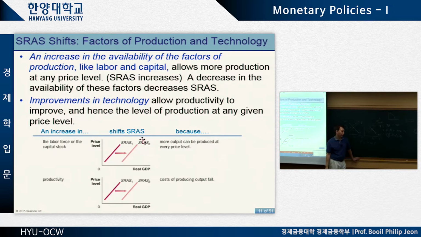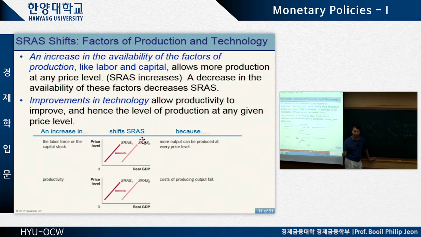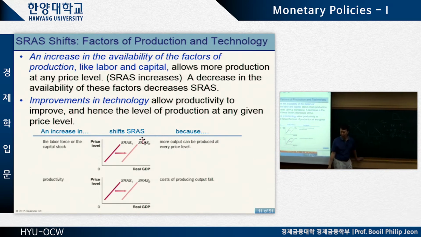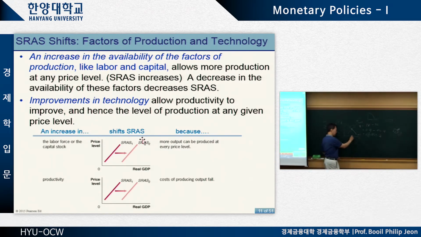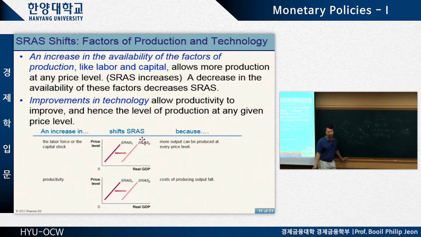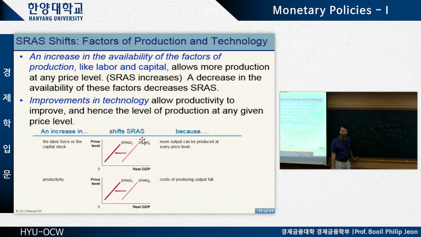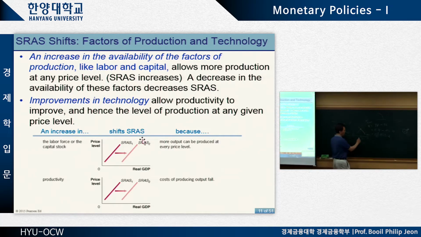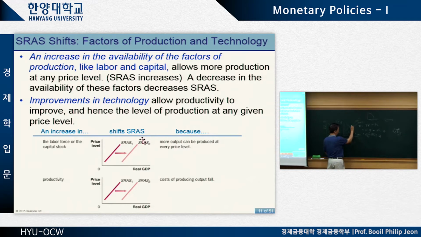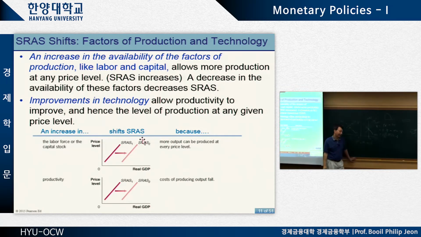If all the resources are employed, then the economy would achieve this level of output. So in the long run, the aggregate supply should be determined right there. So long-run aggregate supply would be vertical at the level of potential GDP. Okay?